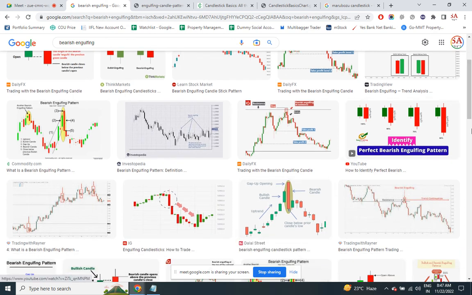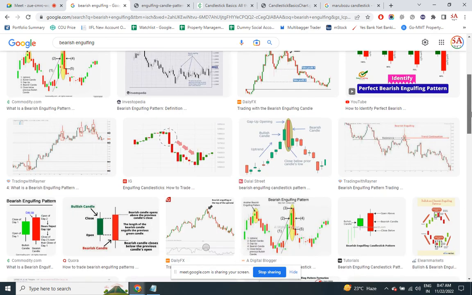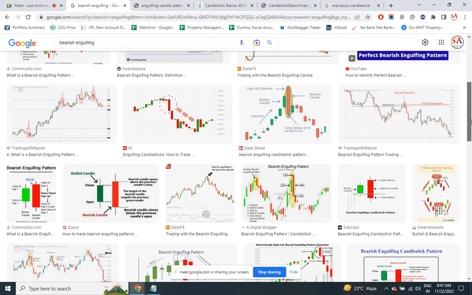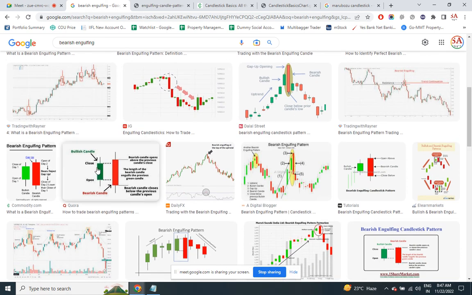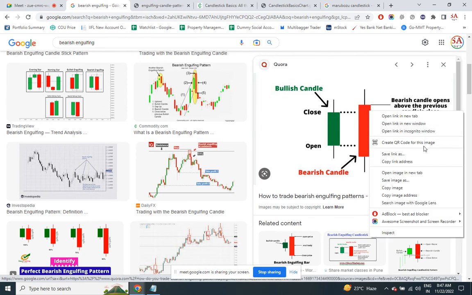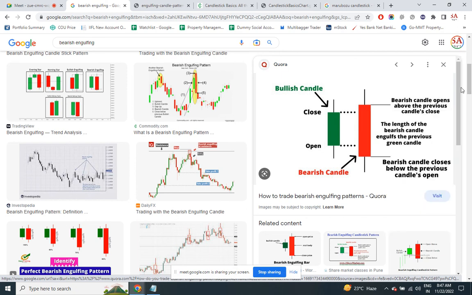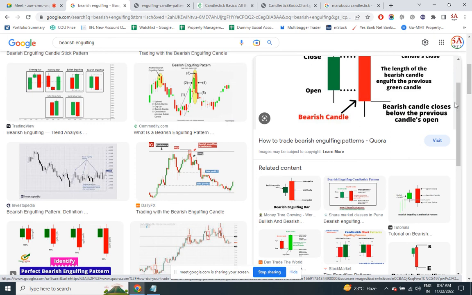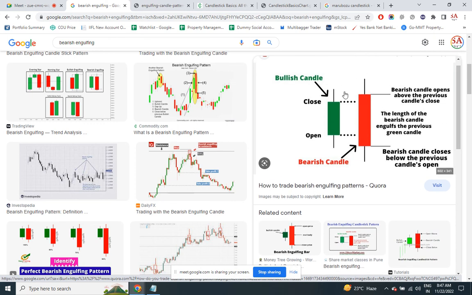This is a perfect bearish candle, but along with the markings, this is not a perfect bearish engulfing because the body should cover even the wick.